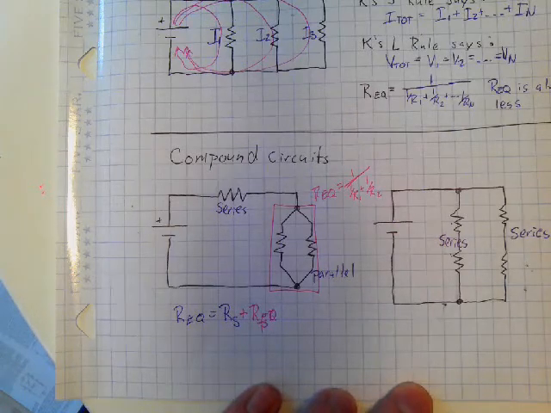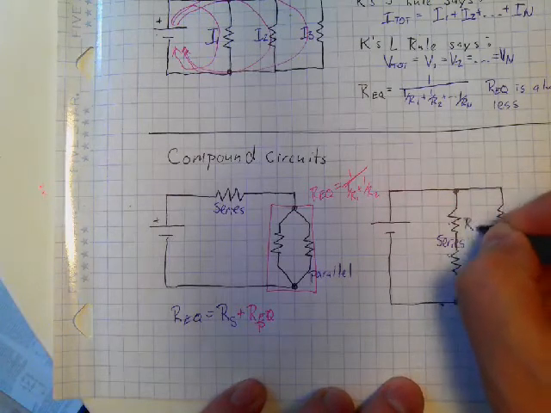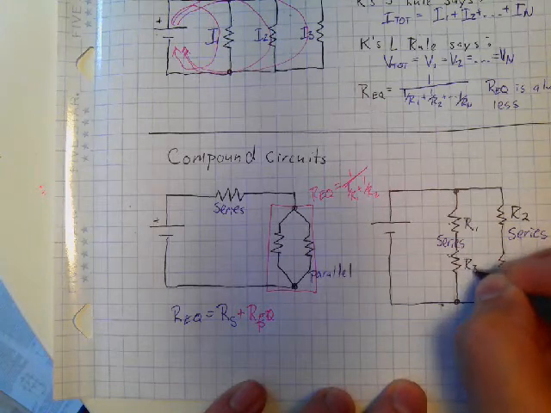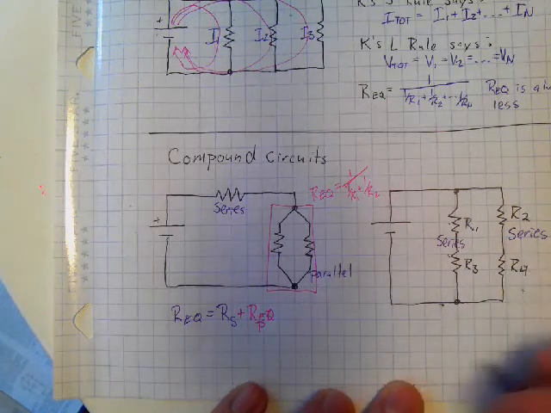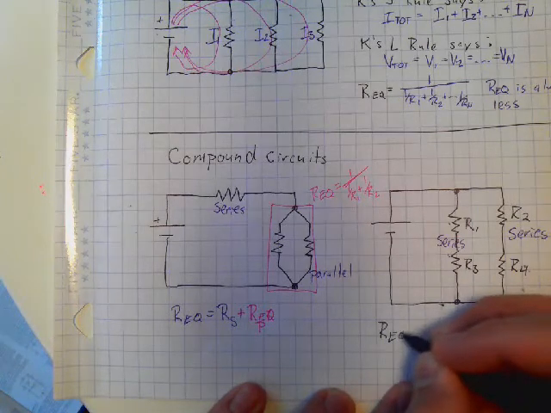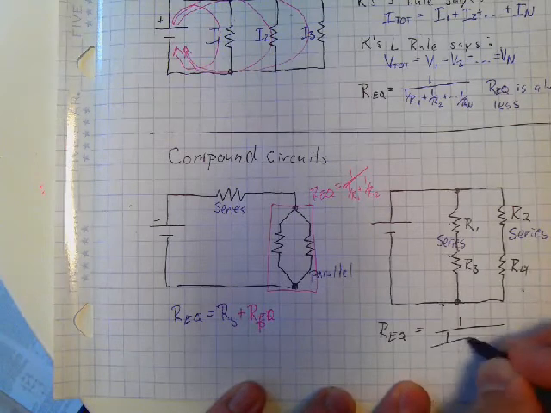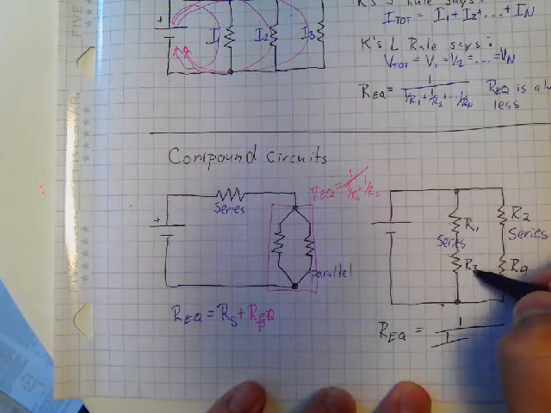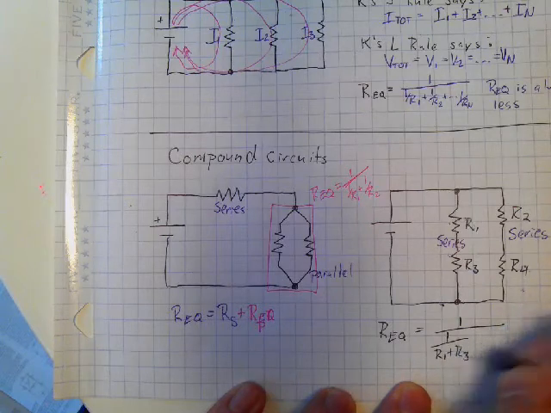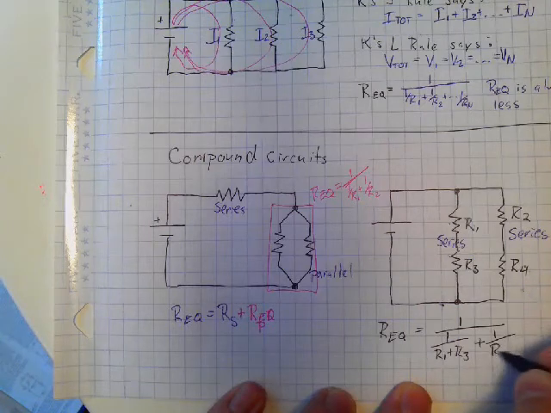So to figure out these ones, if this is R1, R2, R3, and R4, then my equivalent resistance here would be equal to 1 over, so these add up because they're in series, so 1 over R1 plus R3 plus 1 over R2 plus R4.